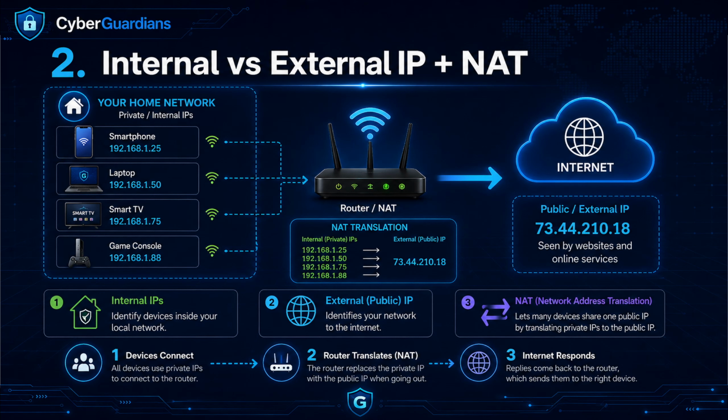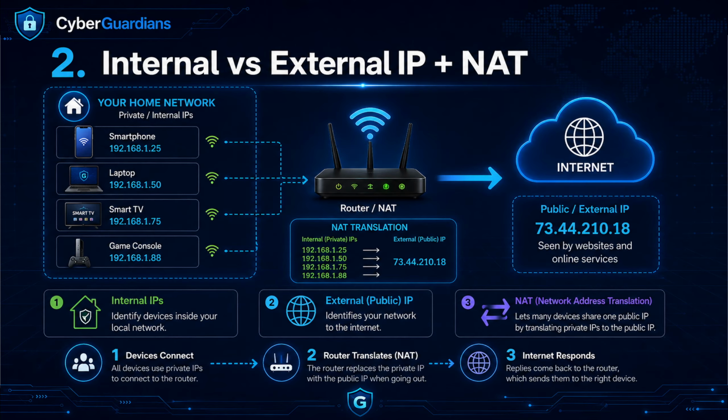For example, your phone, laptop, smart TV, and gaming console may all have different internal IP addresses. But when they go out to the internet, websites may see the same external IP address from your router. NAT helps translate traffic between the internal private network and the public internet.